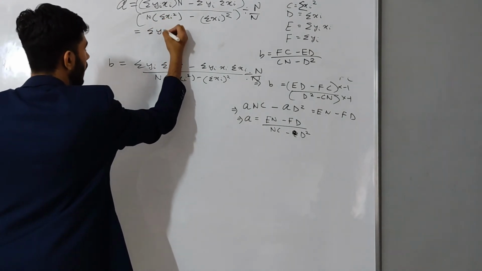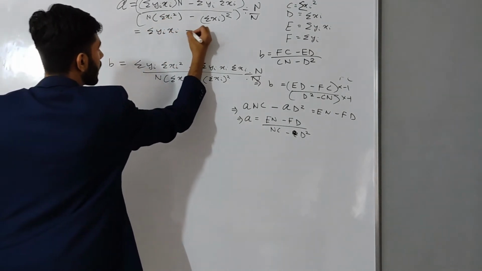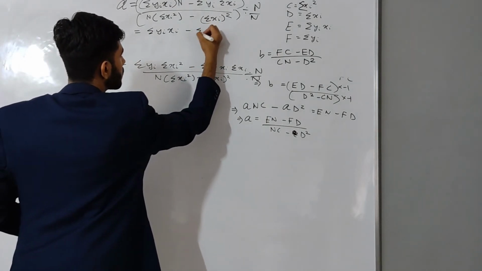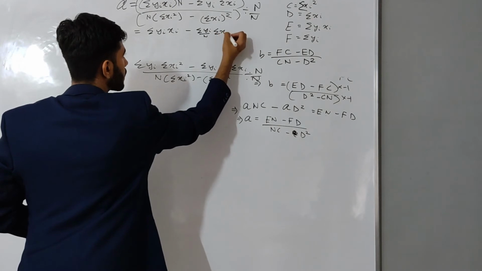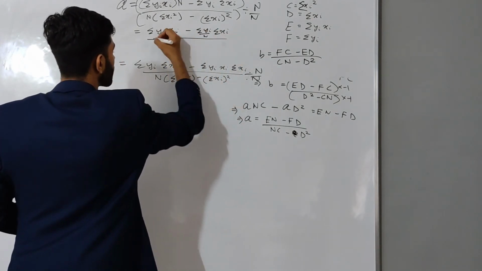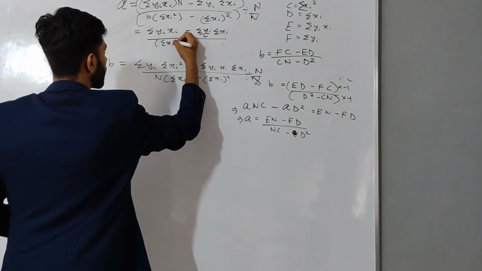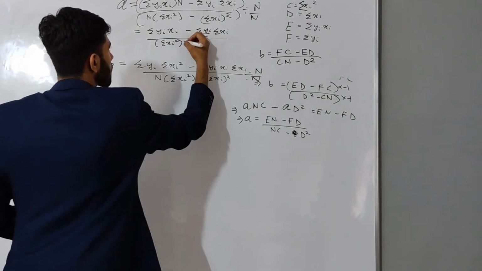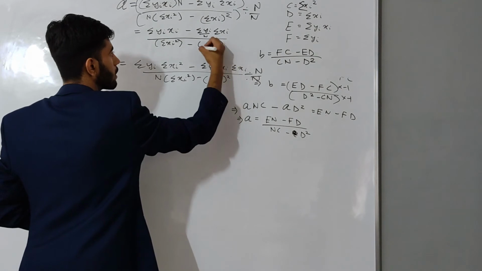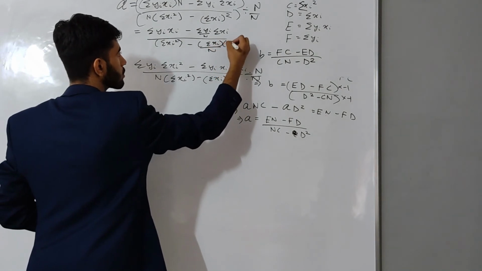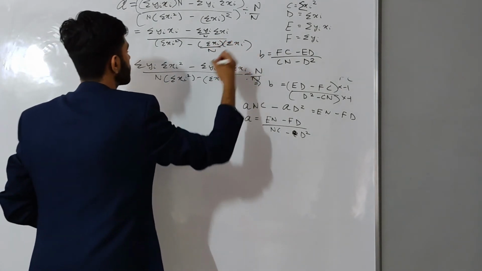summation of yi xi minus summation of yi divided by n, multiplied by summation of xi, divided by summation of xi whole square minus summation of xi divided by n multiplied by summation of xi.